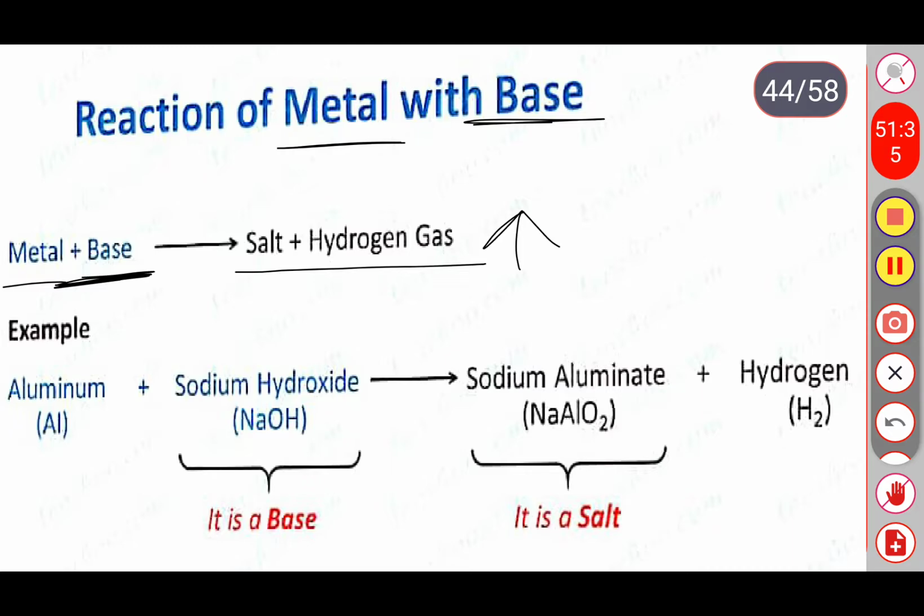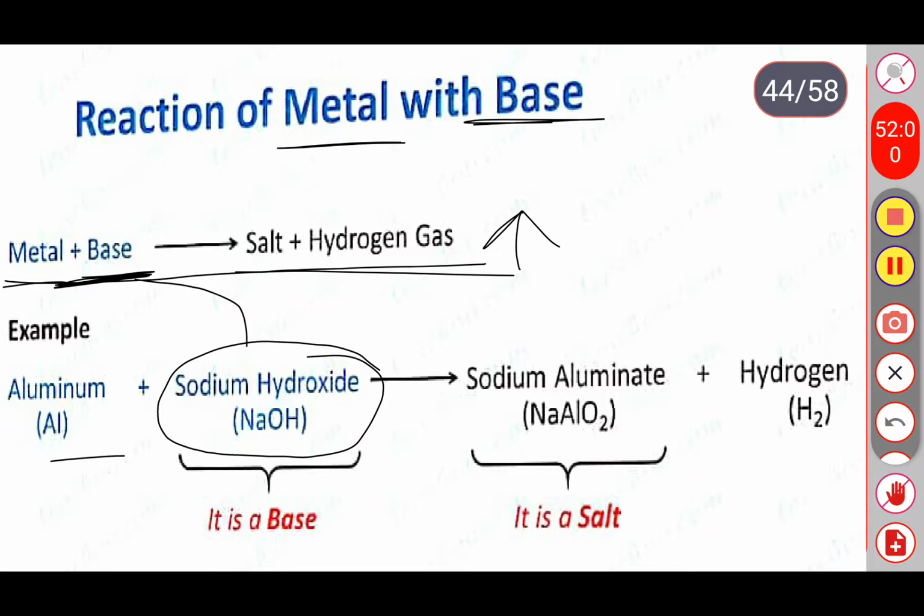When a metal is combined with a base, or a base is combined with a metal, it produces a salt and hydrogen gas. One example: when aluminium is combined with sodium hydroxide, sodium hydroxide is a type of base and aluminium is a metal, right? So when sodium hydroxide combines with the metal, it produces sodium aluminate.